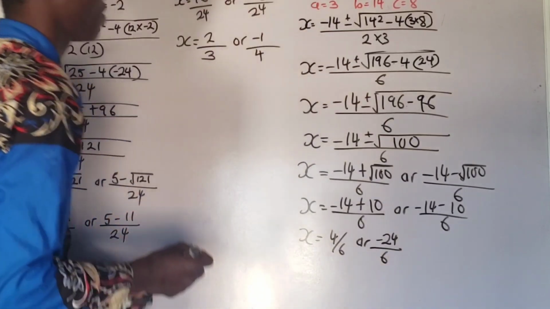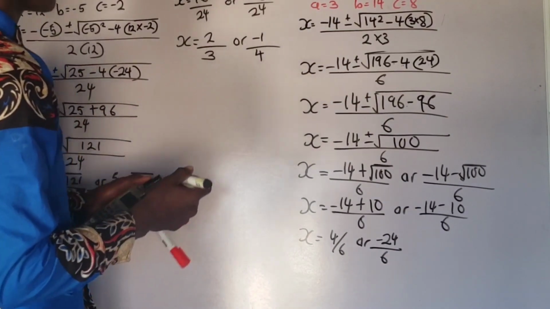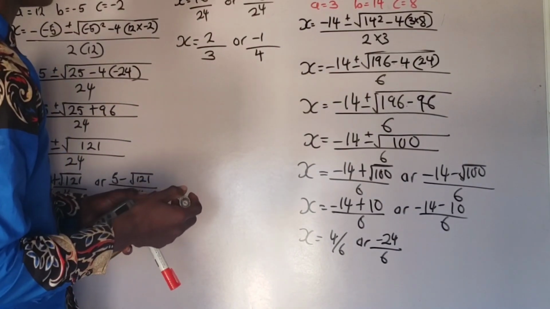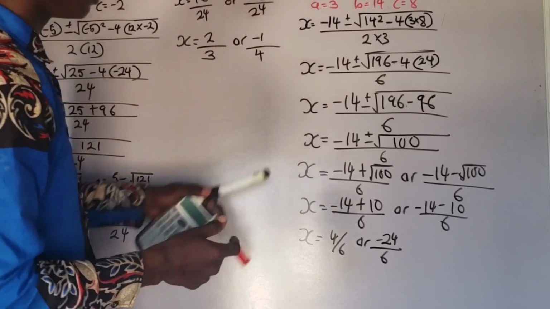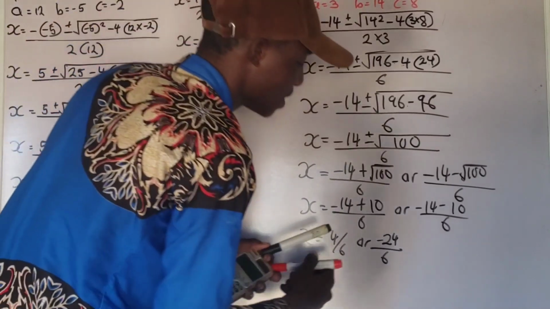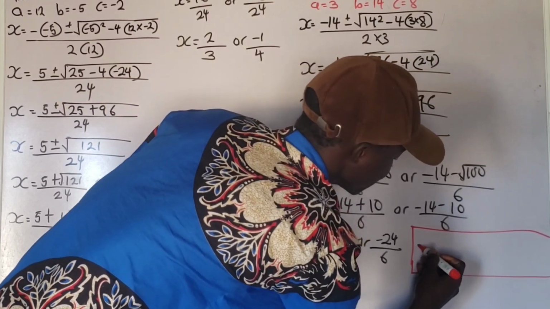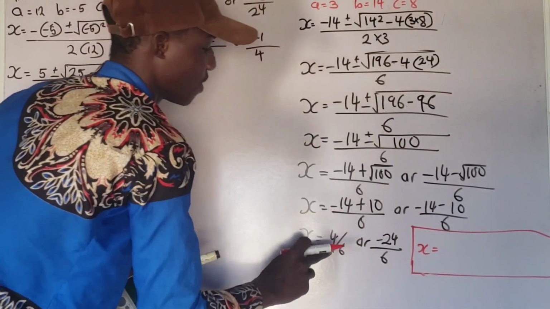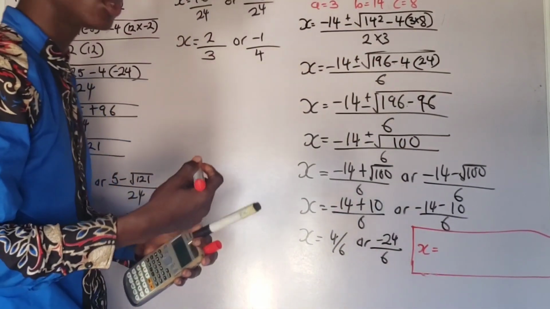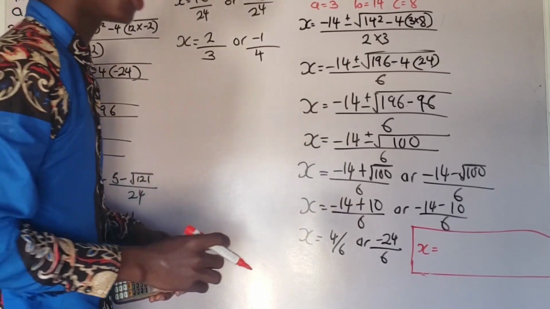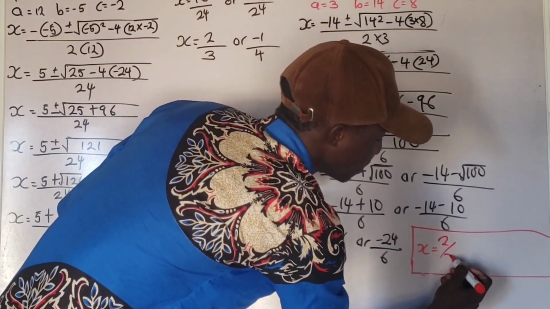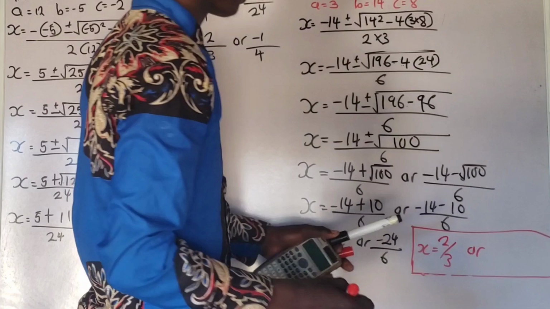Now it is easy to determine the value of x. All you have to do is reduce this fraction. So x, please pay attention, is equal to 4 divided by 6. Reduce both the numerator and the denominator by 2. So I'm going to have 2 all over 3, or negative 24 divided by 6.